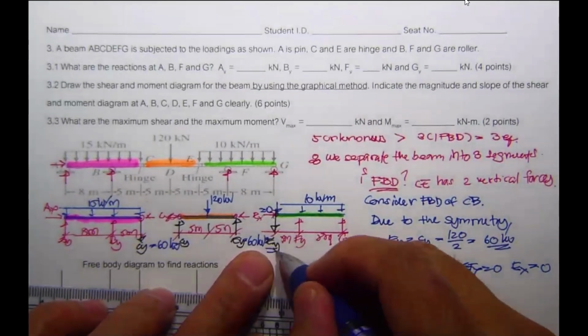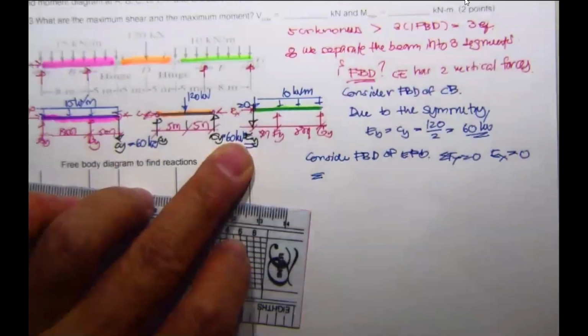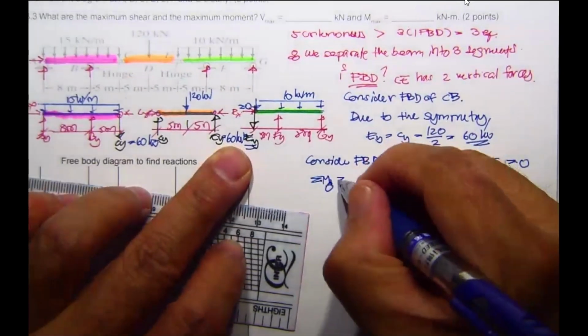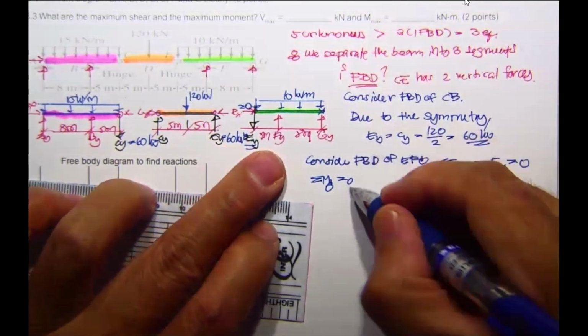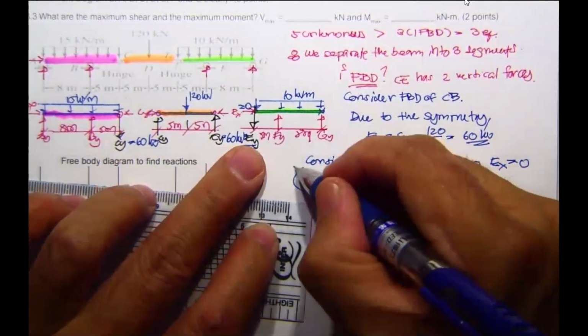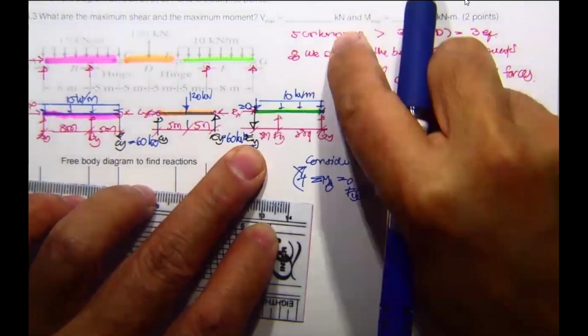Now you have only 2 more. Take the summation of moments about G equal to 0. F sub Y rotates in the positive direction, times 8, upward times 8.